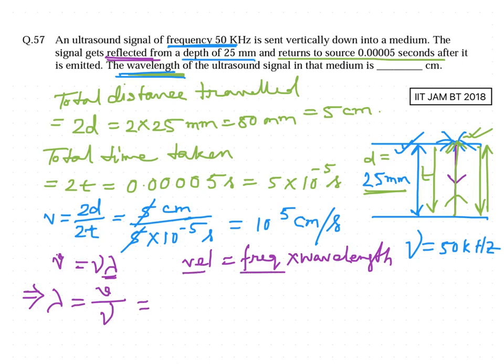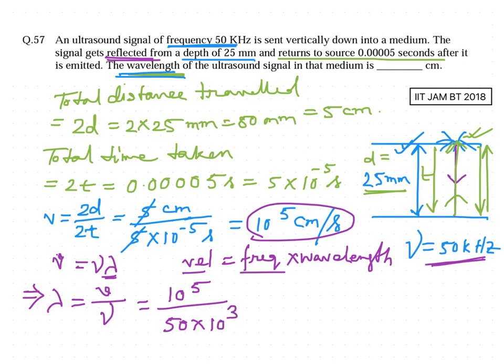So here velocity we have found as 10 to the power 5 centimeter per second, divided by nu, that is 50 kilohertz. That means 50 times 10 to the power 3 hertz, that is second inverse.